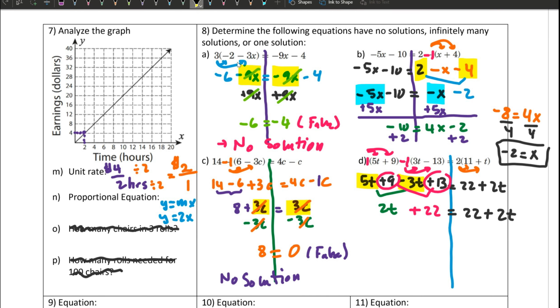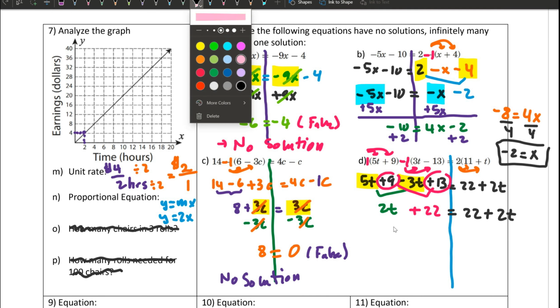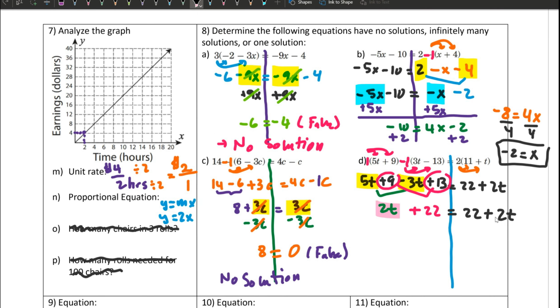Now, at this step, some of you already know what the answer is supposed to be, but please take one more step. It's not done until all the variables cancel each other out. So subtract 2t from both sides. Then 2t minus 2t cancel each other out. You have 22 equals 22, which is a true statement. It's many solutions.